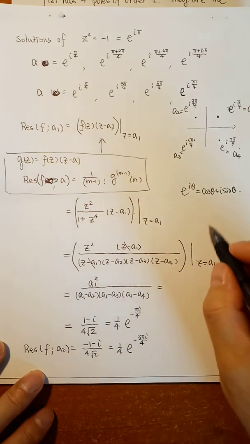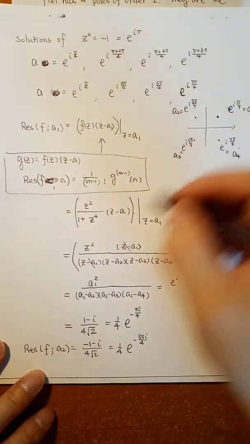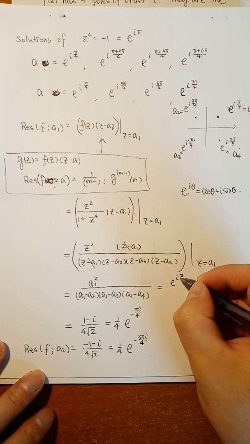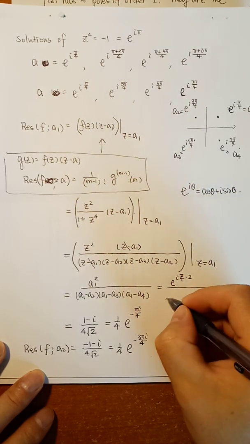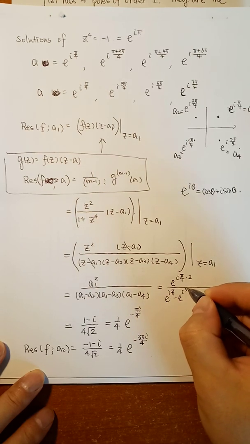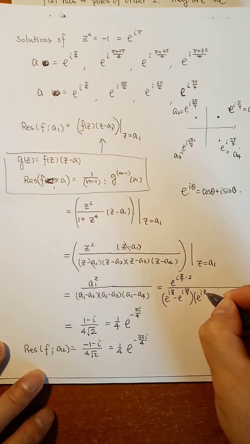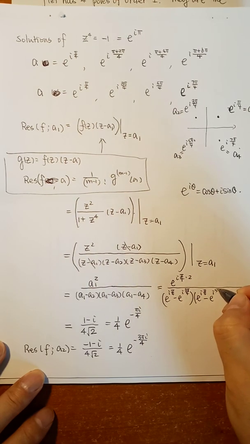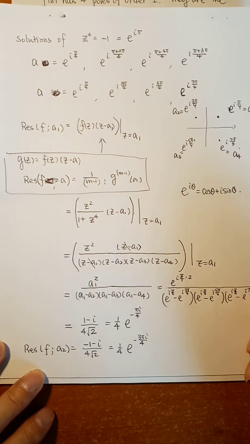Let me write it here. It's e^(i pi over 4) times 2. Here's e^(i pi over 4) minus e^(i 3 pi over 4), e^(i pi over 4) minus 5 pi over 4, e^(i pi over 4) minus 7 pi over 4.